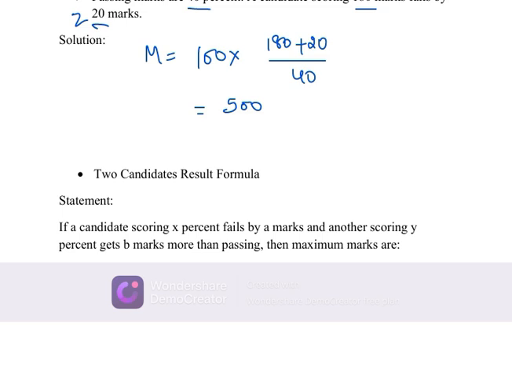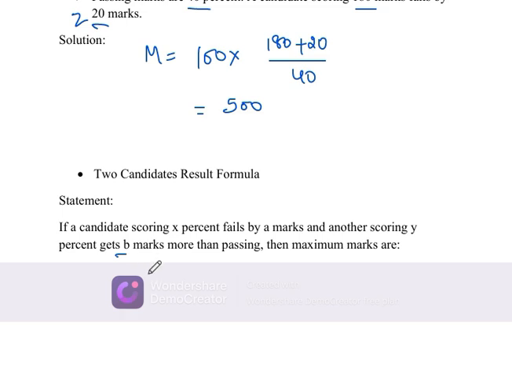Now, this is the next topic, two candidates result formula. It says that if a candidate scoring X% fails by A marks and another candidate scoring Y% gets B marks more than the passing, then find the maximum marks. Here there are two candidates, one is failing by A marks and the other has got marks which are B more than the passing marks.